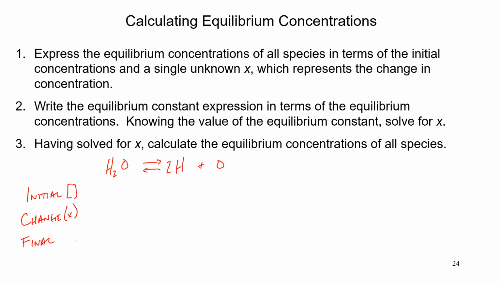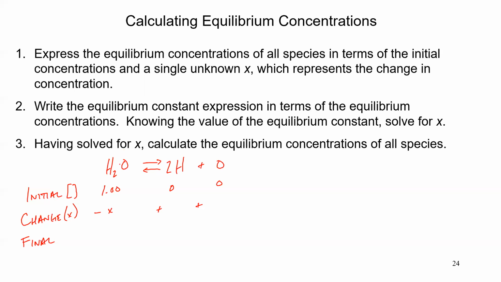Okay. So let's say that we started with 1 molar water, for example, no hydrogen and no oxygen atoms. Our change, well, if we have no product, we're going to have to shift to the product side in order to reach equilibrium. And so we lose some of our reactants, but at the same time, we gain some of our products.